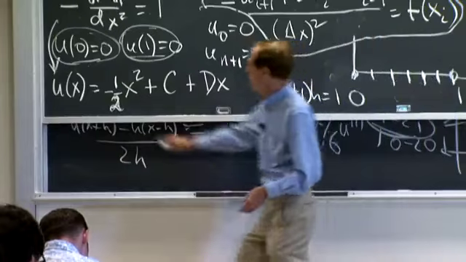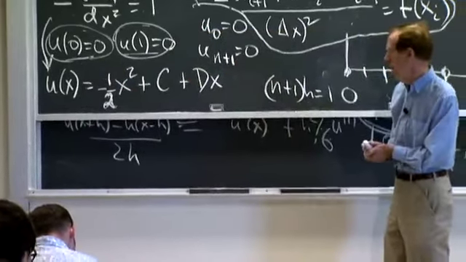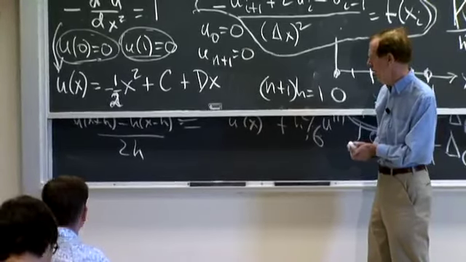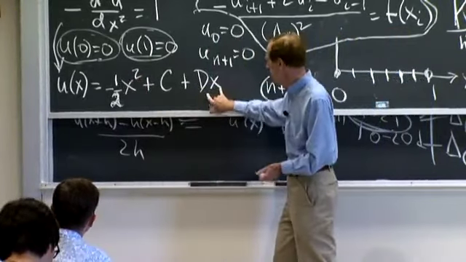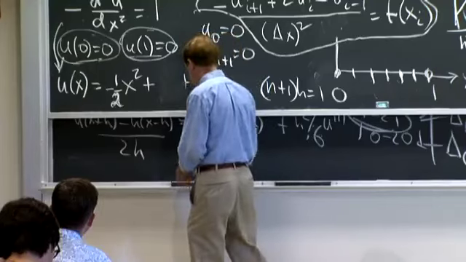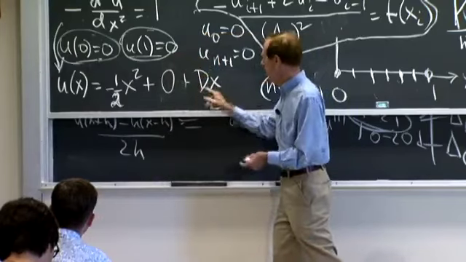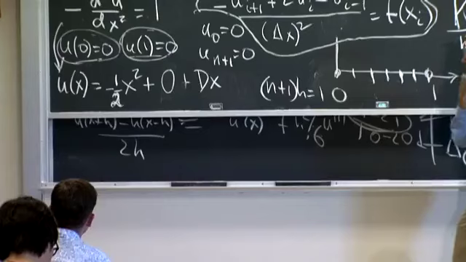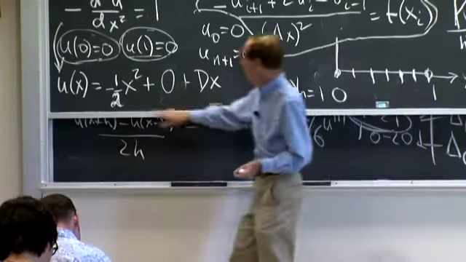If I plug in u of 0 to be 0, what do I learn? C is 0, right? If I plug in 0, then that's 0 already. So I just learned that C is 0. Now I'm down to 1 constant, one unused boundary condition. Plug that in, u of 1 is 0.